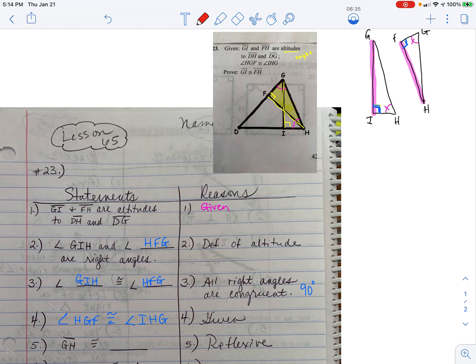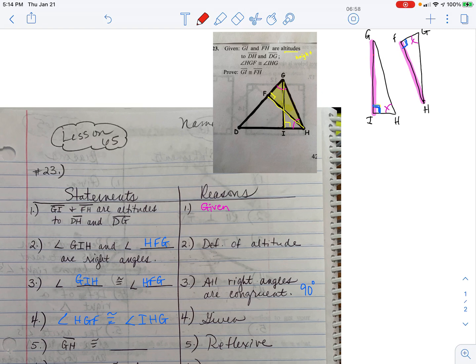Well, let me look at this. So HGF and IHG are congruent. These two are congruent. Oh, yeah, because I already marked them. Okay, that's where I was getting confused.